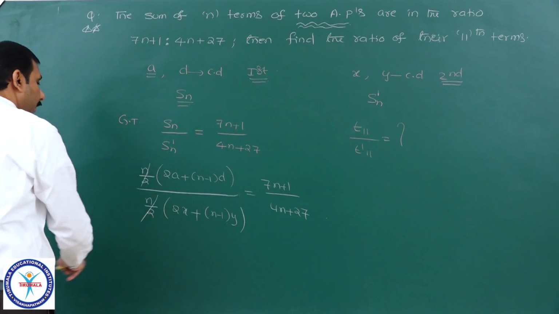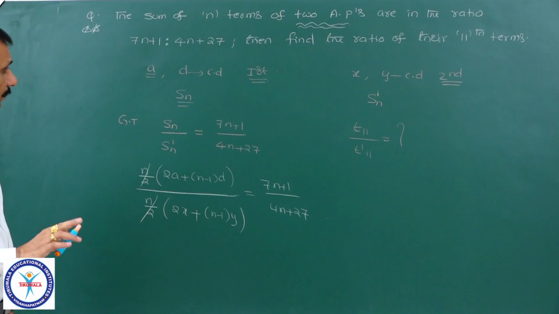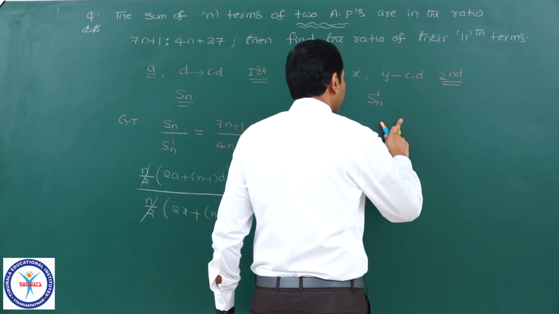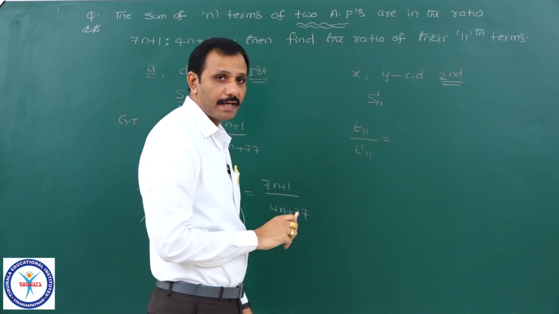The n by 2 cancels. What we want is T11 by T dash 11.